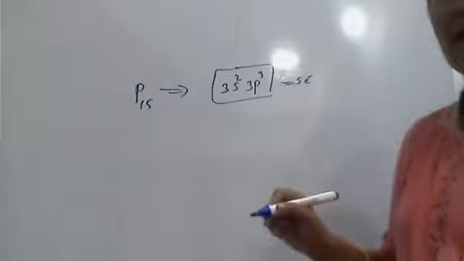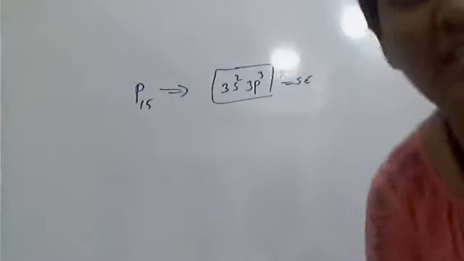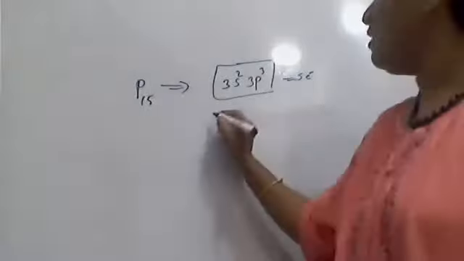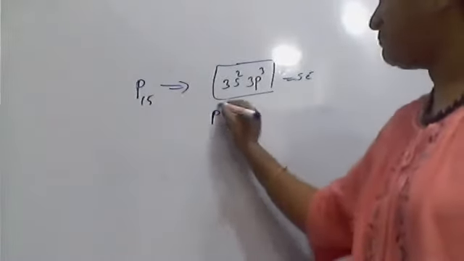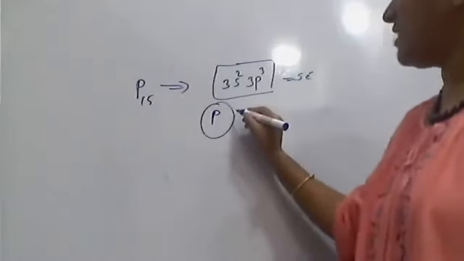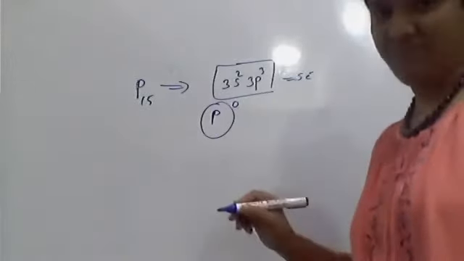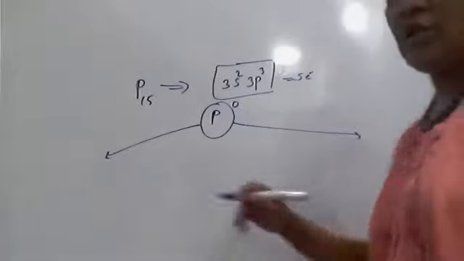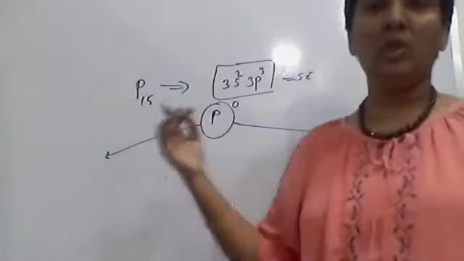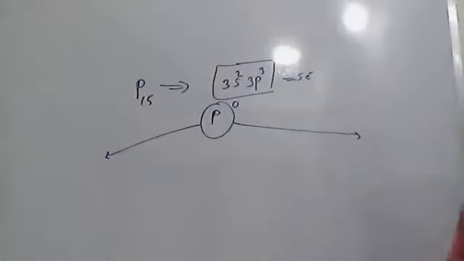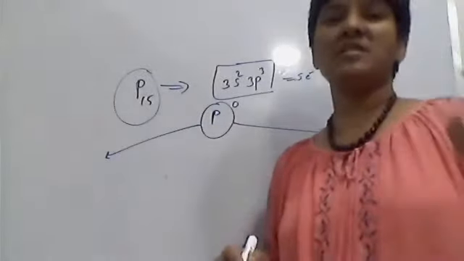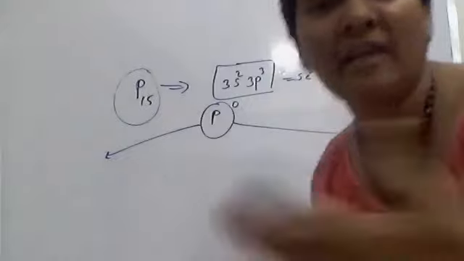Then we know that this phosphorus, please give me answers in chat box. To get an octet configuration from the elemental state, where it has 0 charge, it can gain electrons or lose electrons. So please tell me, for phosphorus, what is the minimum oxidation state? Very good, it can gain 3 electrons.